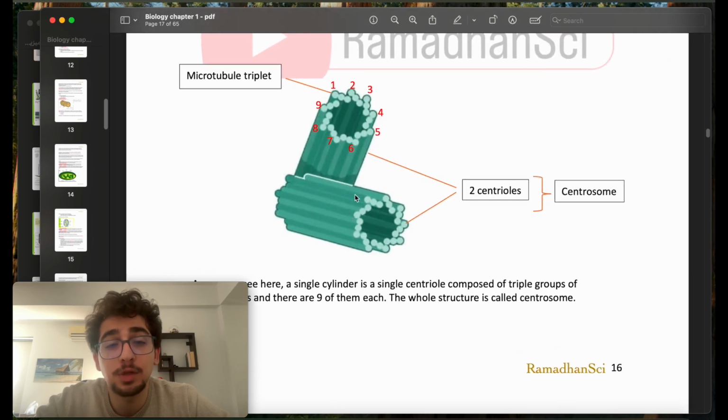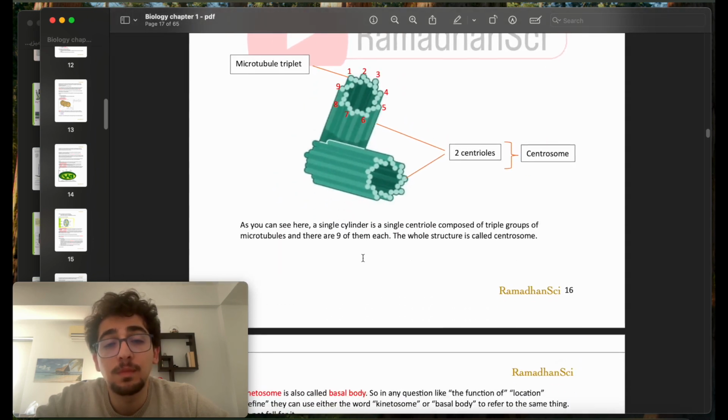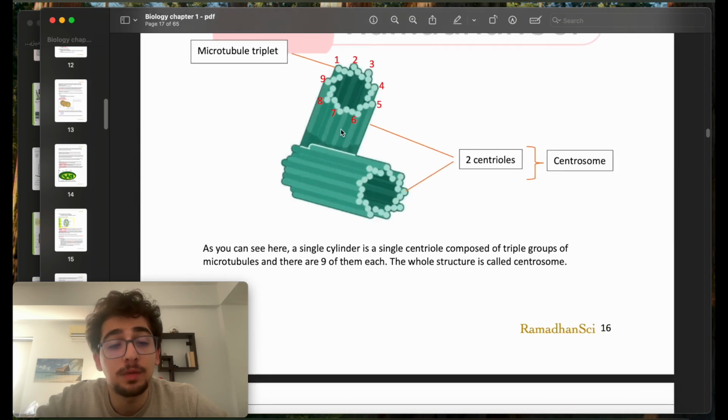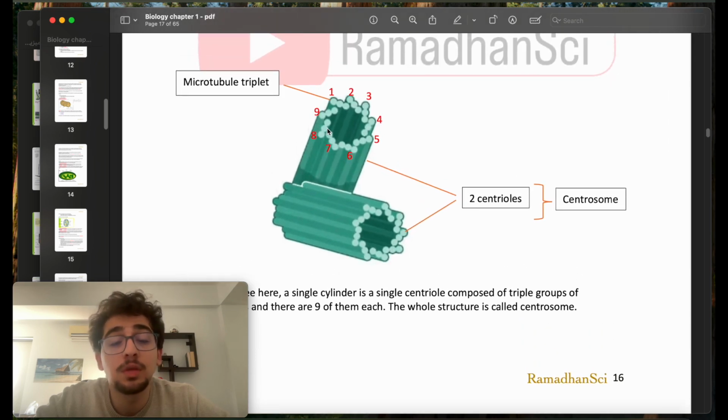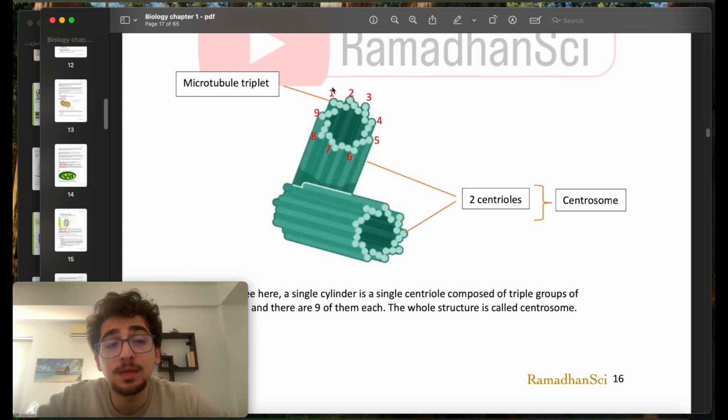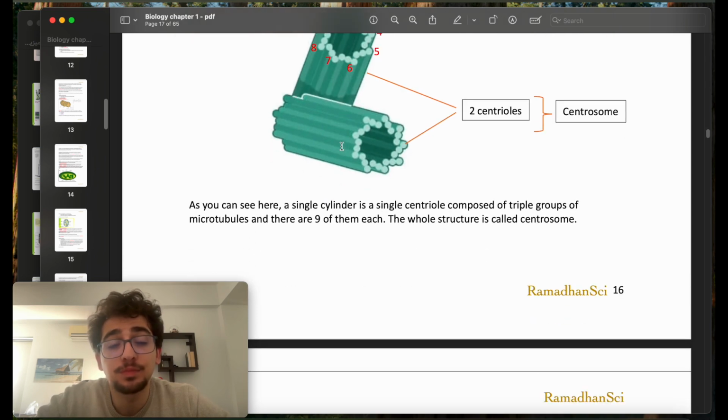So this is the basic structure. Okay, again, I'm gonna emphasize on this one. Centrosomes are made up of 2 centrioles, 1 and 2. And each centriole is made up of 9 microtubule triplets.